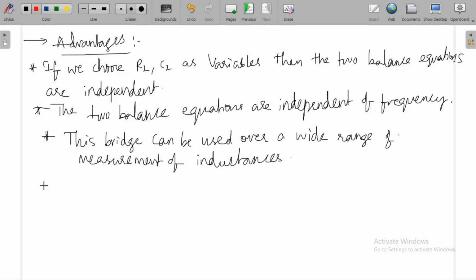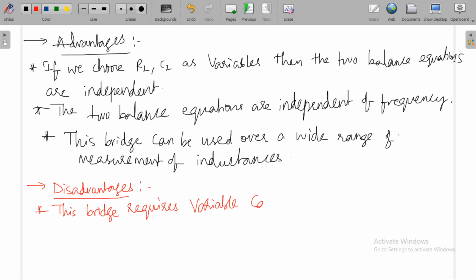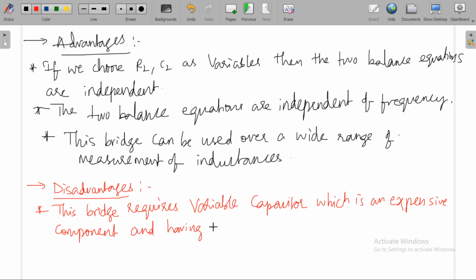Now coming to the disadvantage. This bridge requires a variable capacitor, which is an expensive component, and having low degree of accuracy.